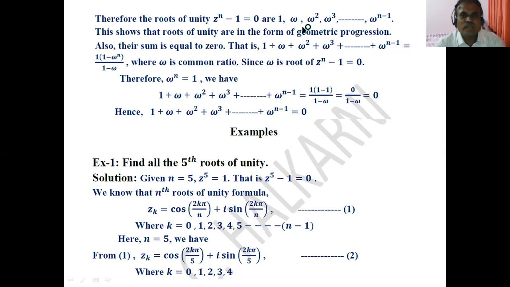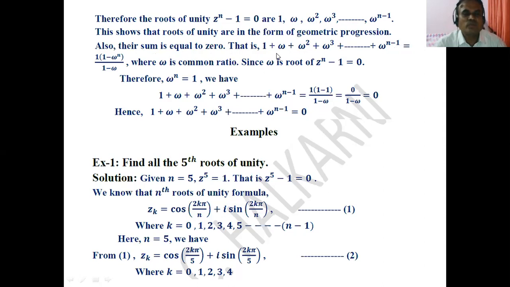Now, also their sum is equal to 0, so we have to show that their sum is equal to 0. That sum is 1 plus omega plus omega square plus up to omega raised to n minus 1. So this is the sum of a geometric progression.